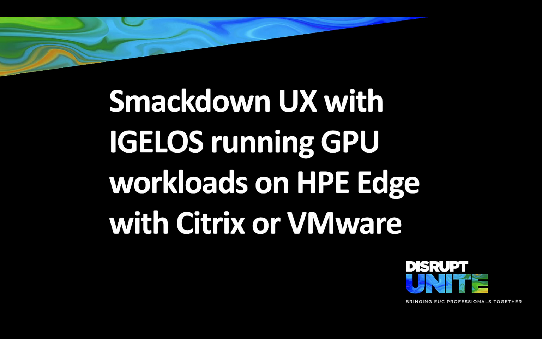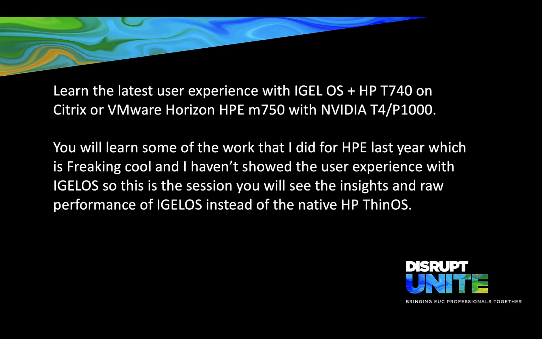Alrighty, so let's focus on the session I have. Smackdown user experience with IGEL OS running GPU workloads on HPE Edge with Citrix or VMware. So what you're going to learn in this session is the latest user experience here in 2021 with IGEL OS 11, with HP T740, which is the latest thin client from HP and the best on the market, I think.